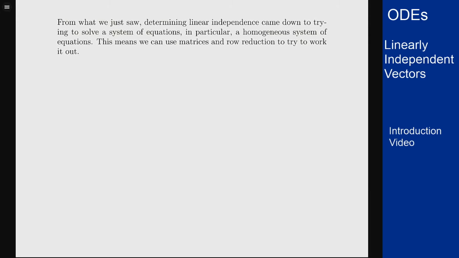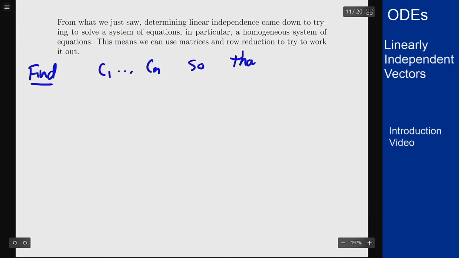This means we can jump back to our matrices and row reduction, like I vaguely mentioned before, to work this out. So we want to find c1 through cn so that c1 v1 plus c2 v2 up through cn vn equals 0.